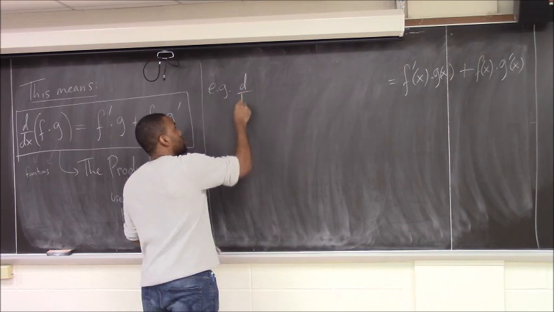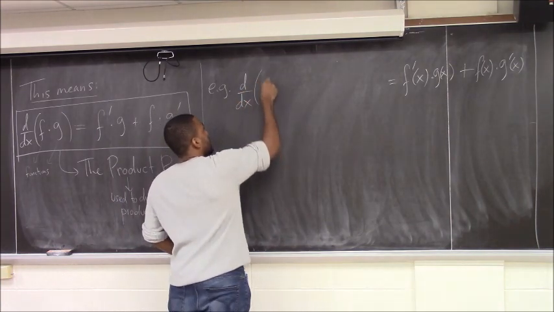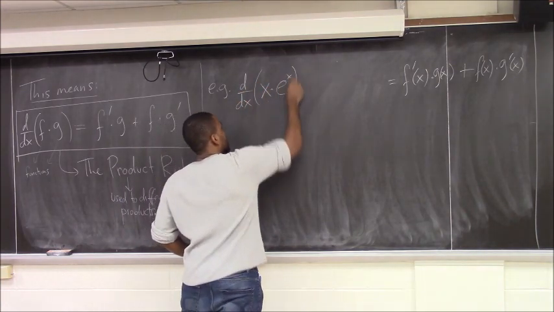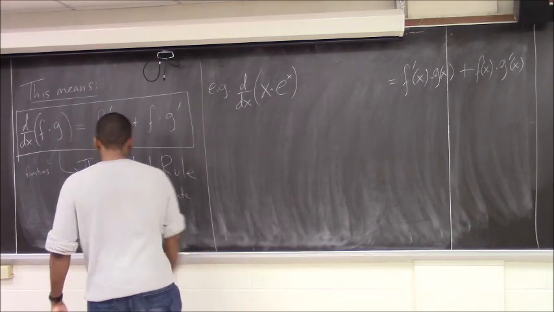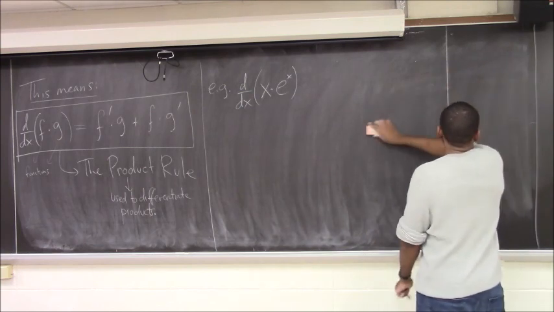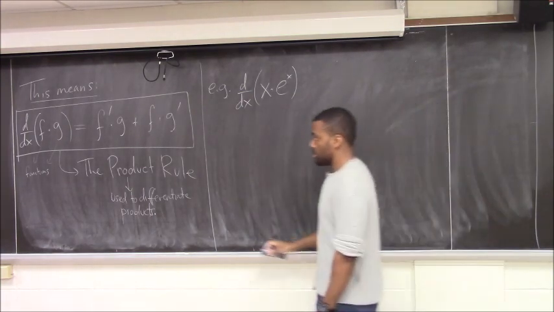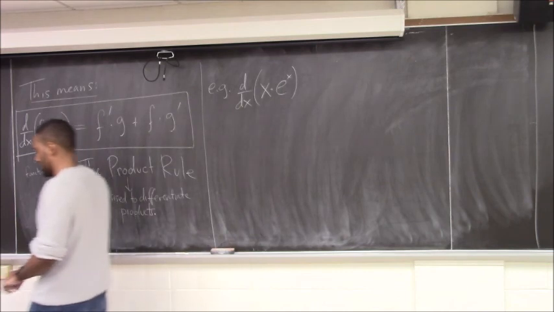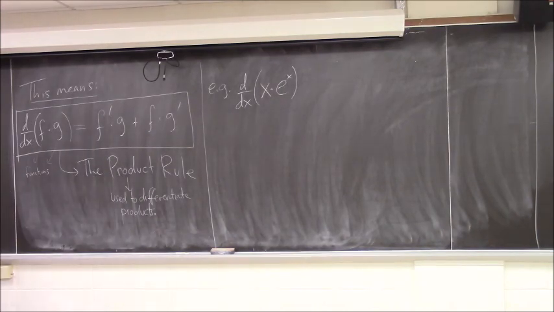Suppose I ask you to differentiate something like x times e to the x. So that's your function, x times the exponential. How would you differentiate that?